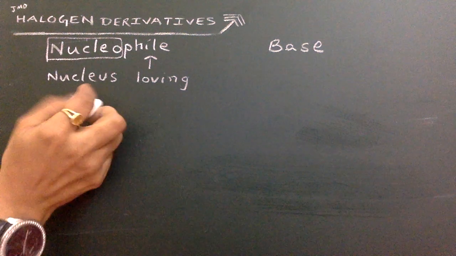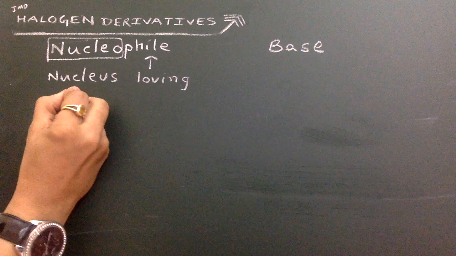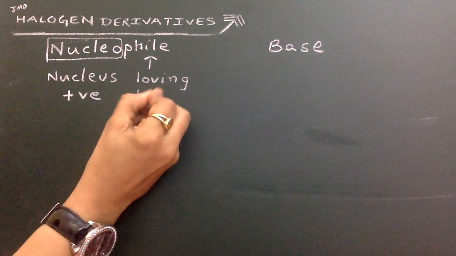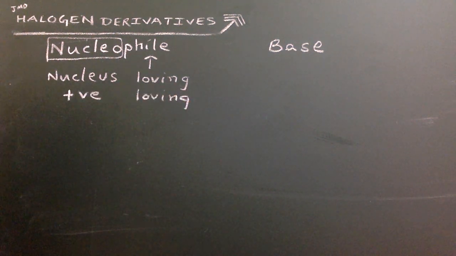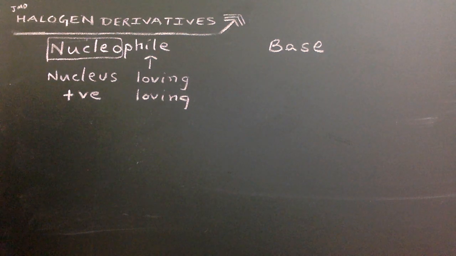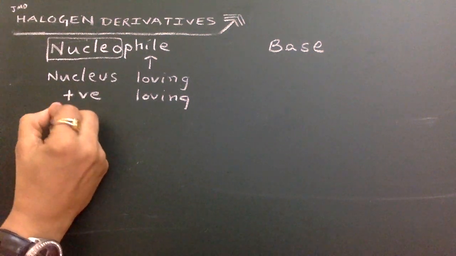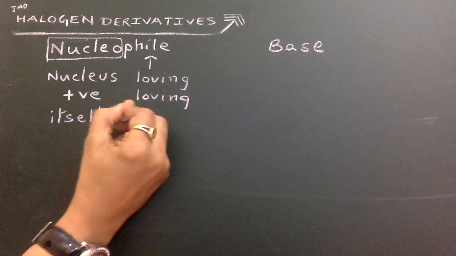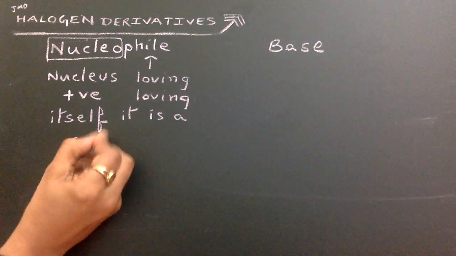We all know, students, nucleus is positively charged and hence this is a species which is positive loving. Just take care what I am saying. I didn't say this is a positive species. I said this is a species which loves a positive, and hence it is very clear, students, that it itself must be negative. So itself, it is an anion.